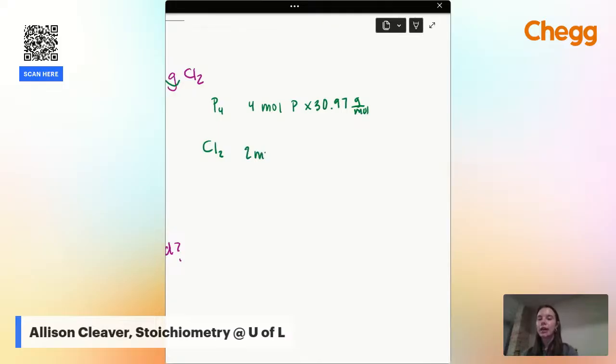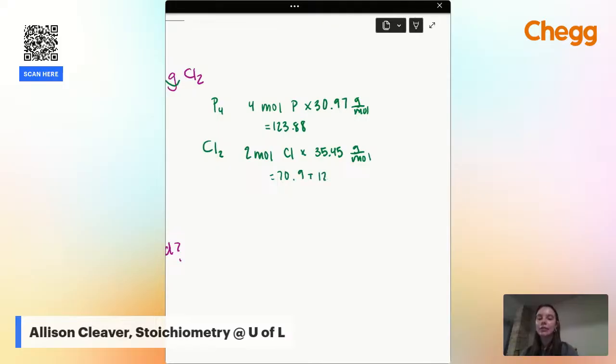Same with the bottom, we have 2 moles of Cl times 35.45 grams per mole. And we're just going to multiply across. So if we put in the calculator 4 times 30.97, we get 123.88. And 2 times 35.45 is 70.9.